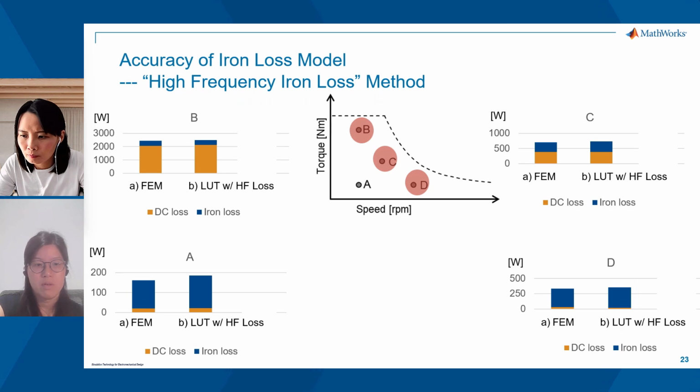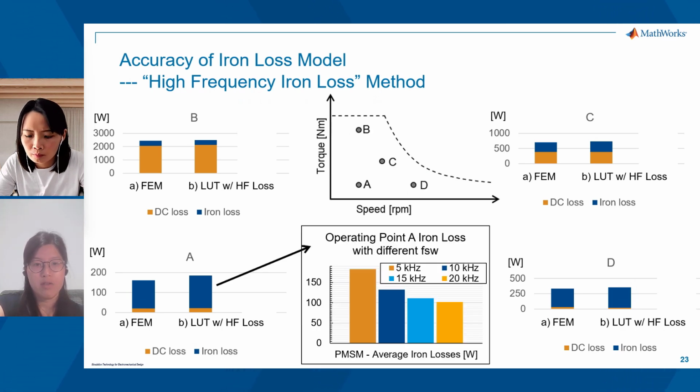So, for example, this additional chart shows a case study of 4 different switching frequencies from 5 kHz to 20 kHz. You see that 20 kHz shows the lowest iron loss. This is because the current ripples go down when we use a higher switching frequency, and along with the ripple reduction in current, the iron loss goes down.